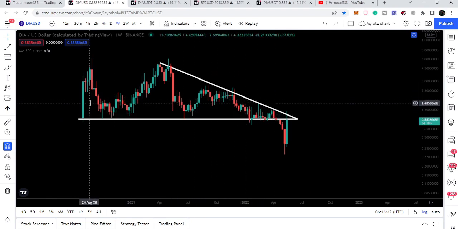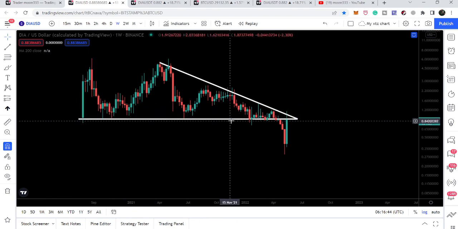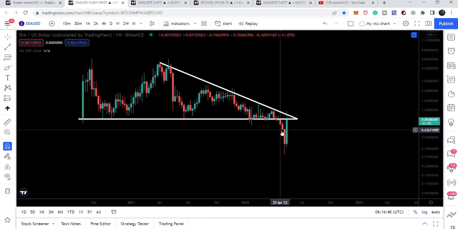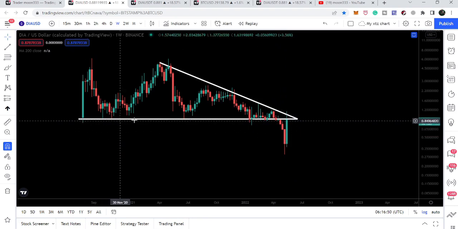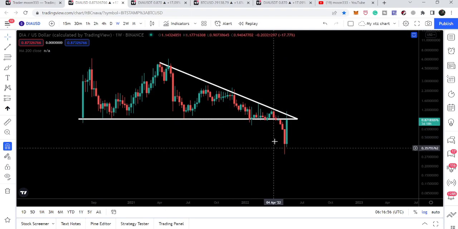After several attempts, several touch points, finally in April 2022, DIA broke down the support. Therefore, this long-term support can again turn into a very long-term resistance for DIA as well.